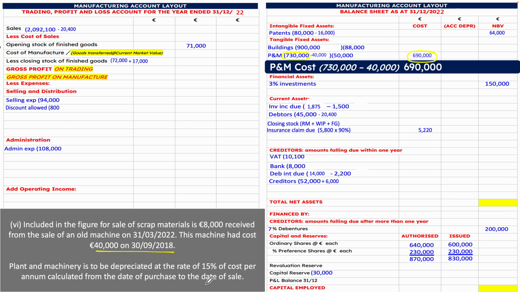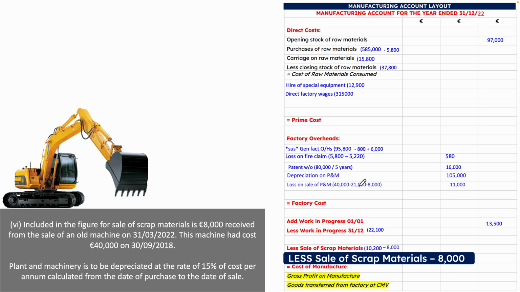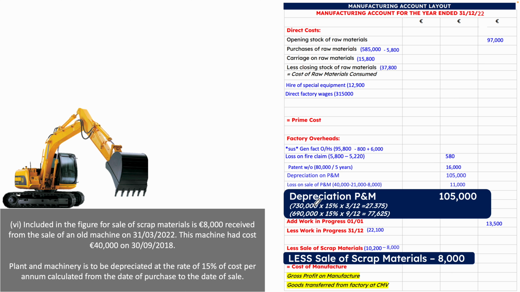Now we can do the depreciation charge for the year, but remember we have to do it calculated from the date of purchase to the date of sale, okay? So we need to take a look. For the first 3 months of 2022, we had plant and machinery that was 730,000, and for the last 9 months of the year, we had plant and machinery that was worth 690,000. So looking at our factory overheads then, that's where we're going to put our depreciation of plant and machinery.